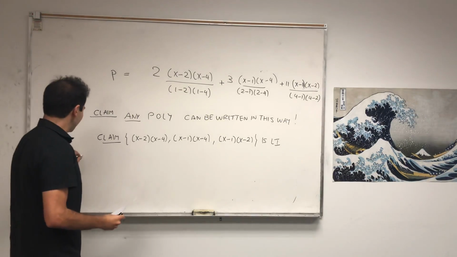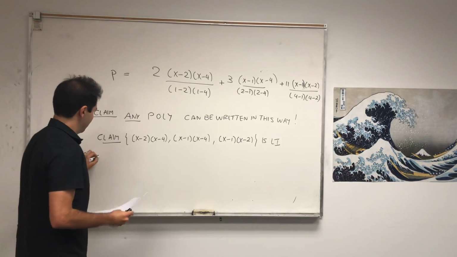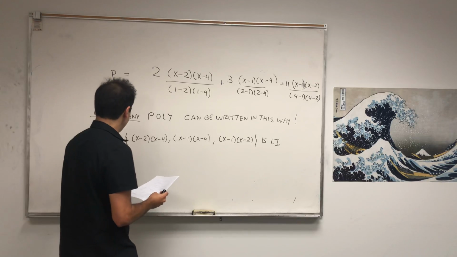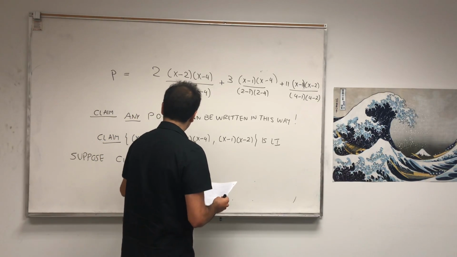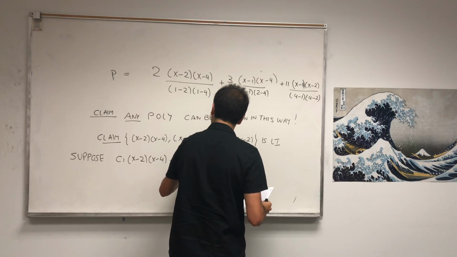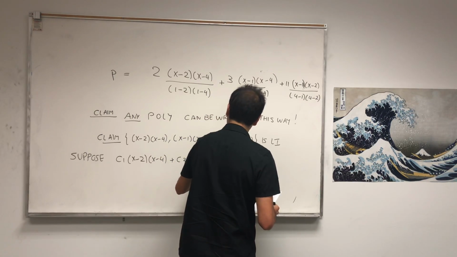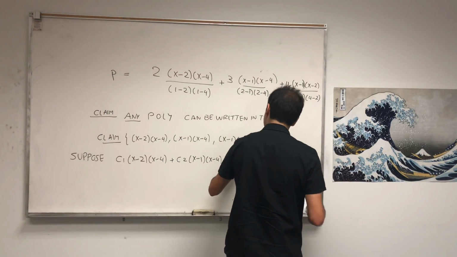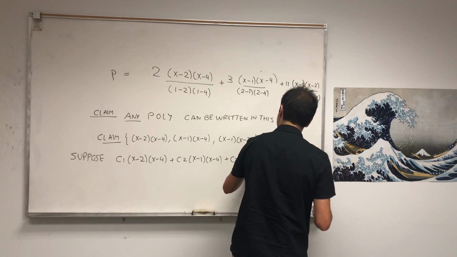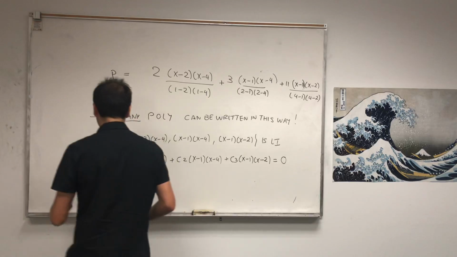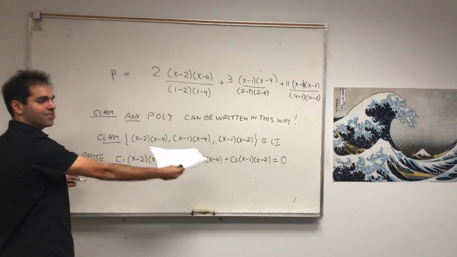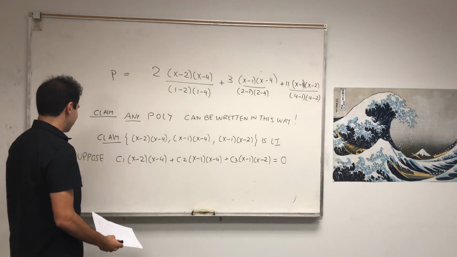So suppose that, let's say C1 times (x minus 2)(x minus 4), plus C2 times (x minus 1)(x minus 4), plus C3 times (x minus 1)(x minus 2), is the zero polynomial. Again, this is an identity that depends on x.